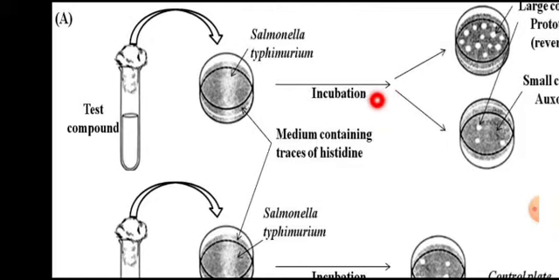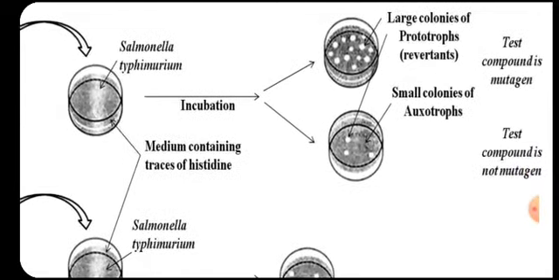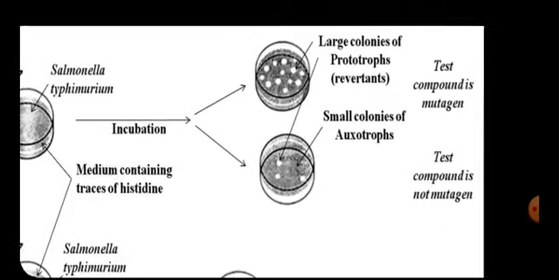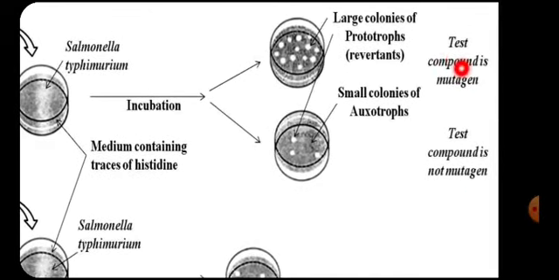and after incubation we may see these two types of results. First one is there may be development of large colonies. Large colonies are of prototrophs, that means revertants. This means that the test compound is a mutagen.